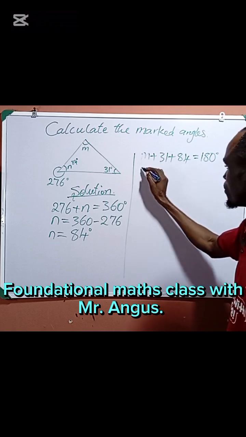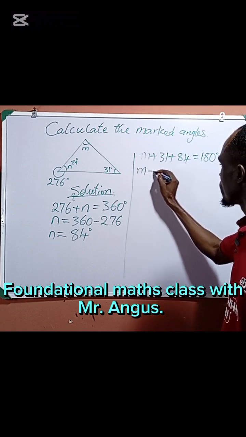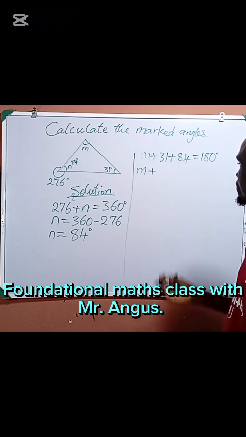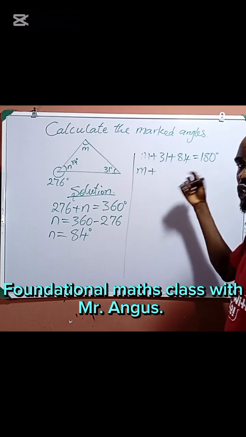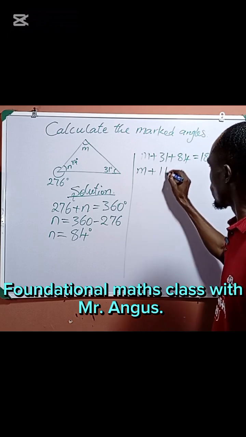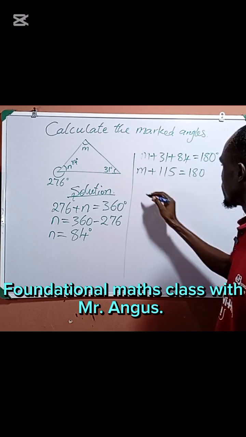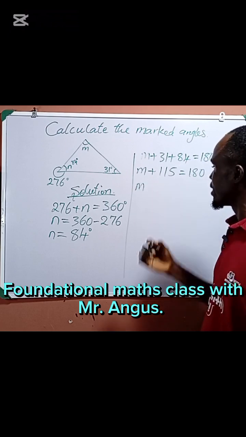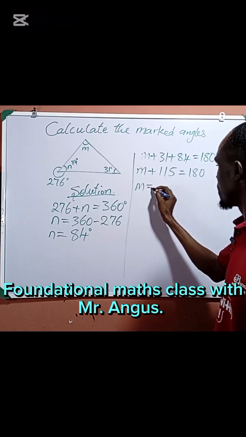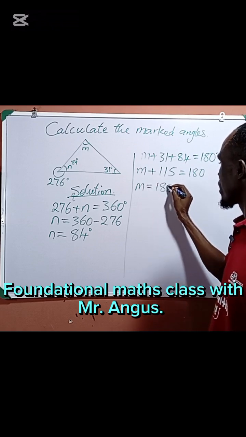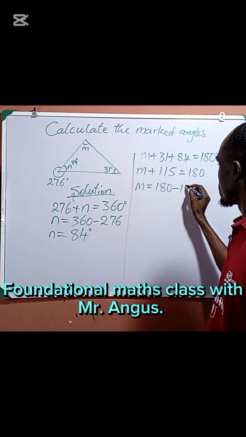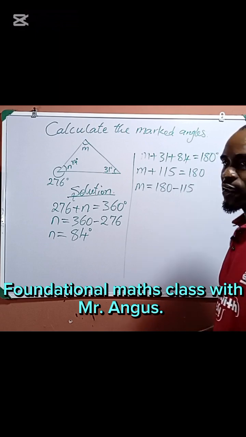Now let us sum. M plus 84 plus 31 will give us 115, which is equal to 180. Therefore, collecting the like terms, M is equal to 180 degrees minus 115.